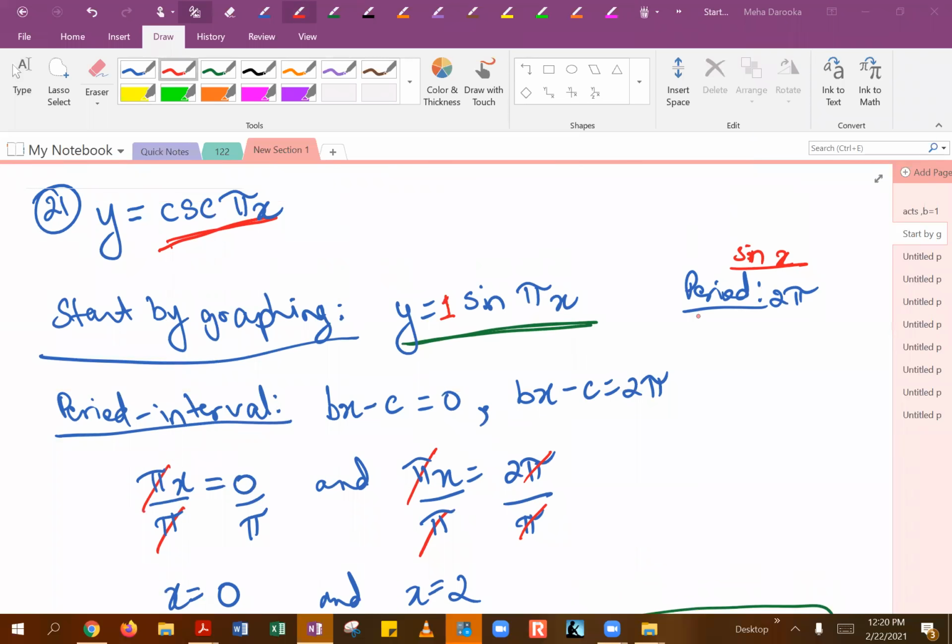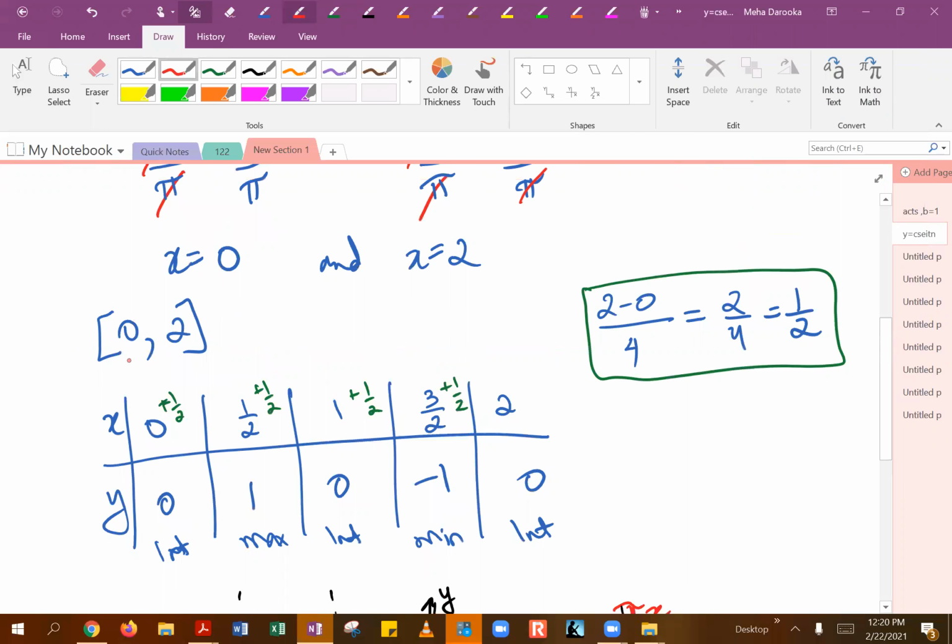Okay, and Abdul Aziz, how did you calculate that? How did you get your period of 2? From the interval, the period interval? Yeah, you can definitely calculate it from that. Very nice. So since your period interval is going from 0 to 2, that tells you you have a period of 2.